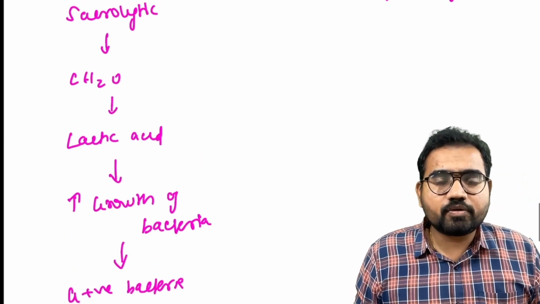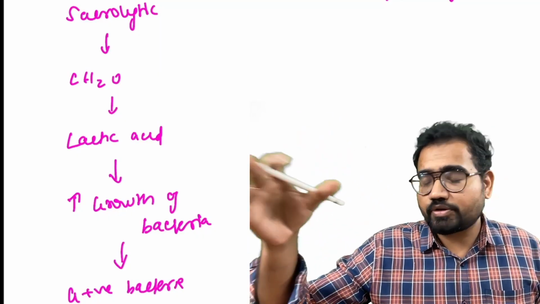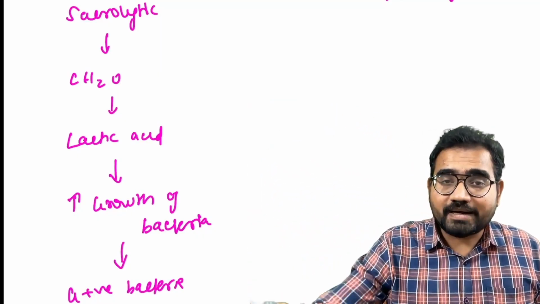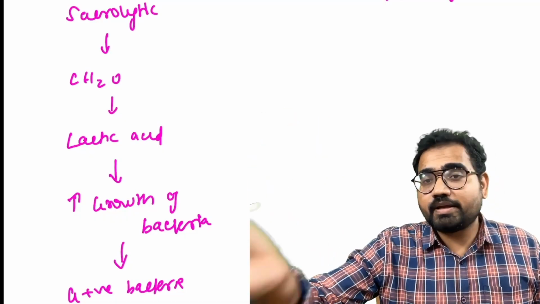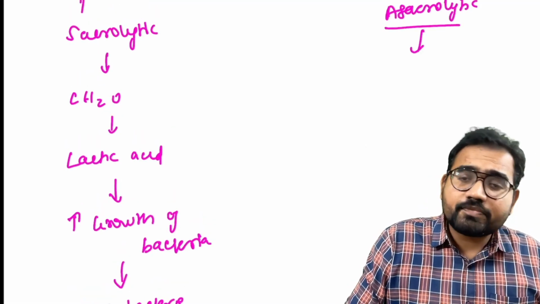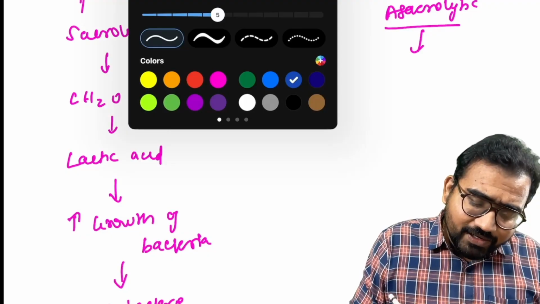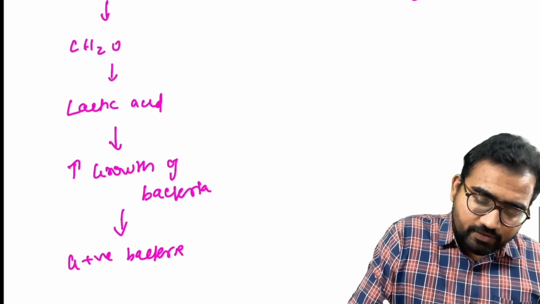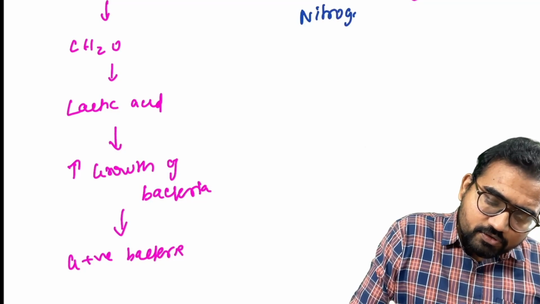In the case of asaccharolytic organisms, they use certain nitrogenous compounds from the GCF.